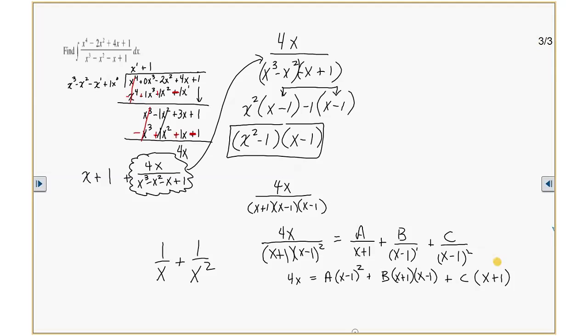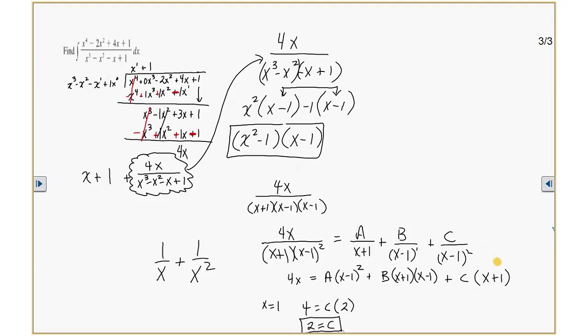But if I plug in a positive 1, this term's going to go out and what? So you're going to be left with c. So x is equal to positive 1. 4 times 1 is equal to c times what? 1 plus 1 is 2. So c is equal to what? 2.